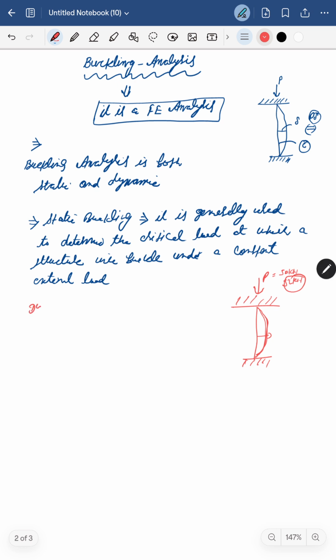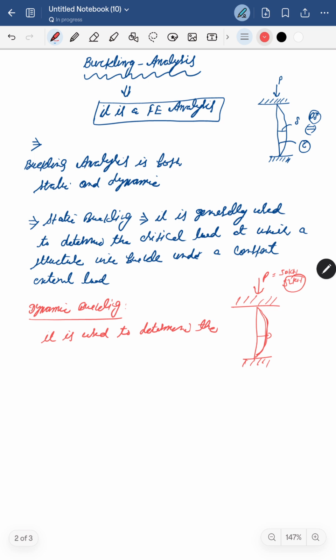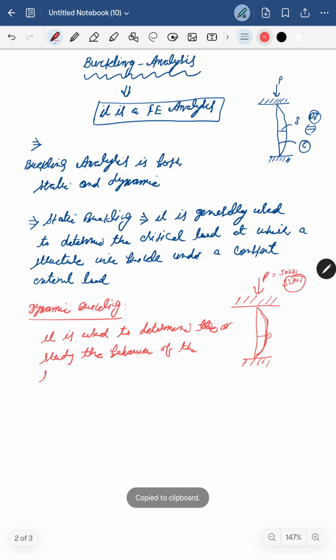The second is dynamic buckling. In the case of dynamic buckling, it is used to study the behavior of the structure under load.